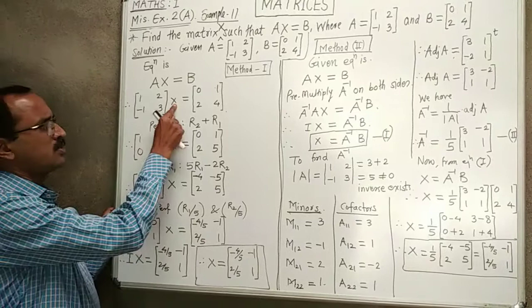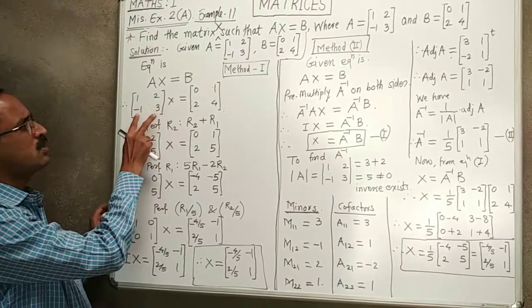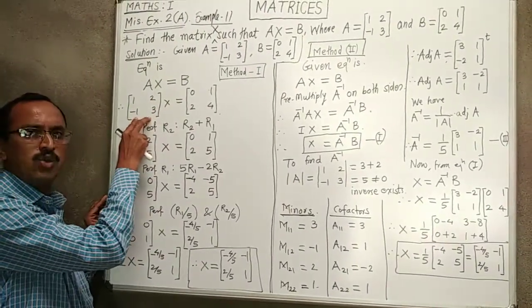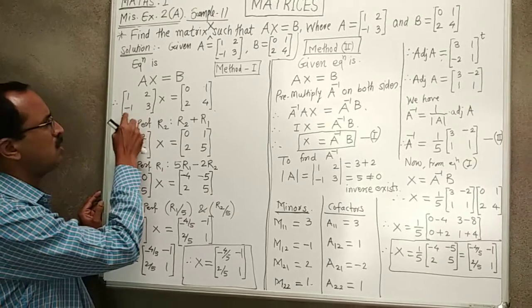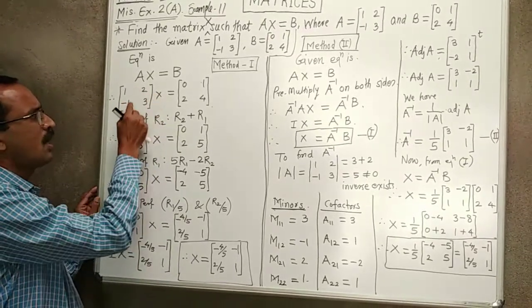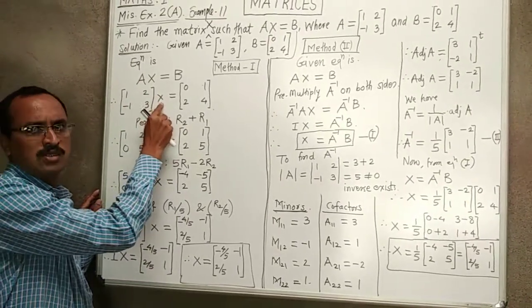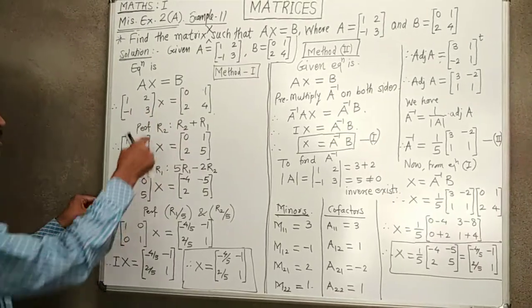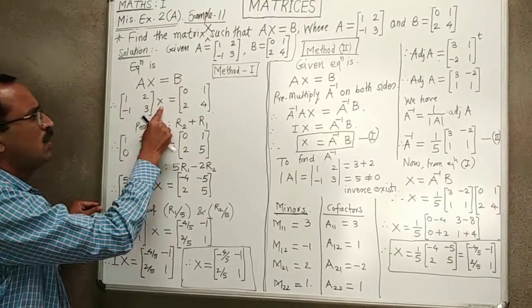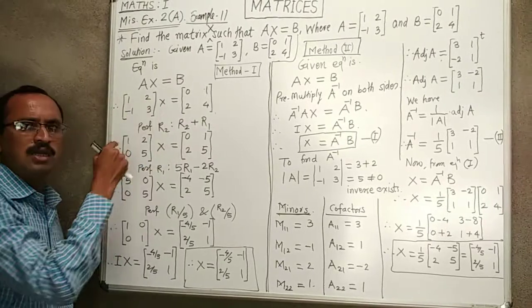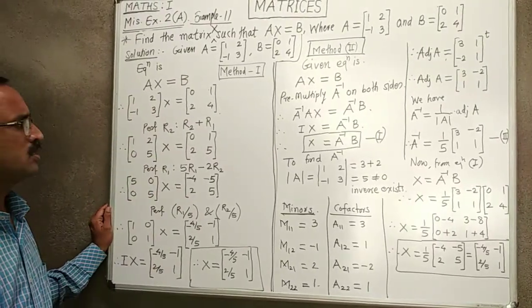Now to find X, if we convert this matrix A into the identity matrix, then we get I, means I into X, that is X.